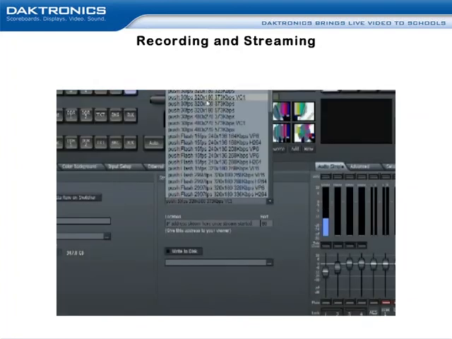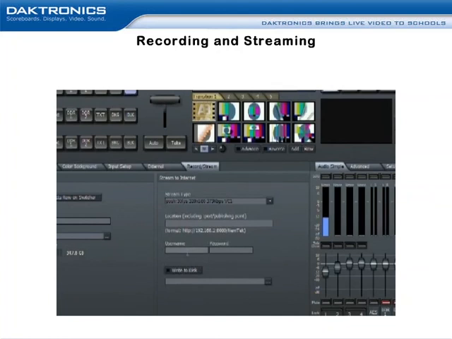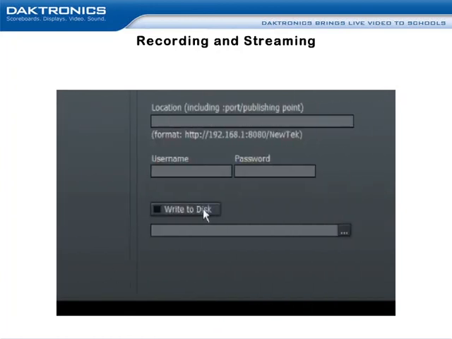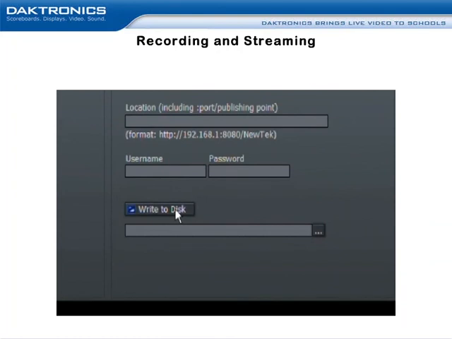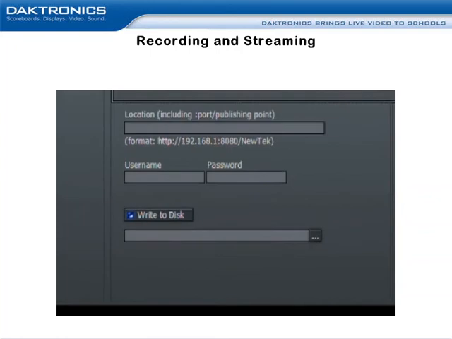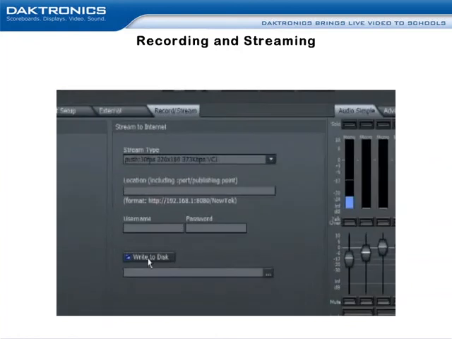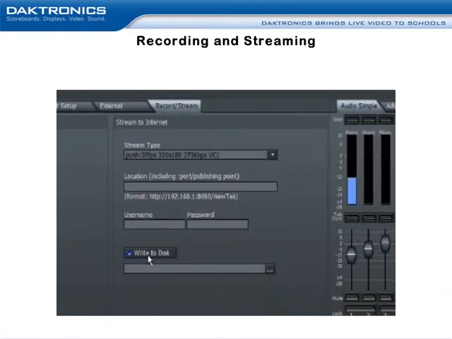Now when we're going to push a stream out, we also get the ability to username and password protect that stream. To start the stream, we simply click on Stream Live Output. Now, we also have the ability to archive that stream, and if we click the Write to Disk button, and we use the button over here, and we select an area that we want to archive our stream to, while we're streaming, we will also be recording that stream either as a WMV file or an FLV file, depending upon whether you're streaming in Windows Media or Flash.